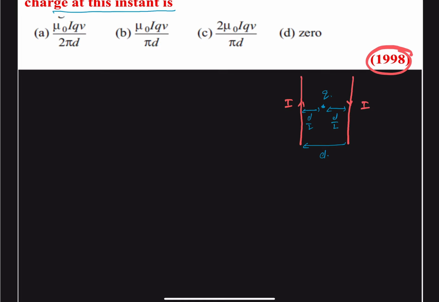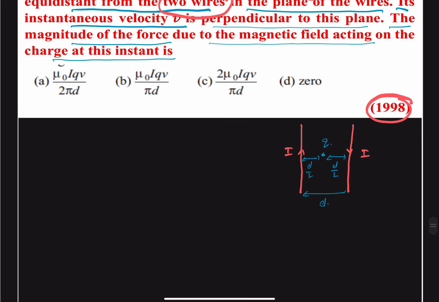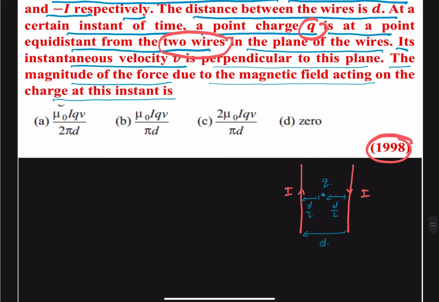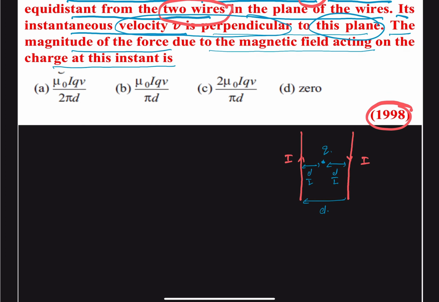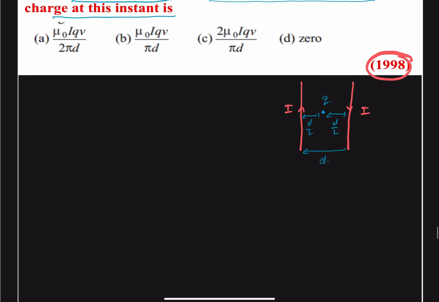In this case, everything lies in the xy plane. The only difference is that the velocity is perpendicular to this plane. This is an important part to keep in mind. So if everything is lying in the xy plane, then the velocity will be, suppose, along the positive z-axis for the sake of convenience.